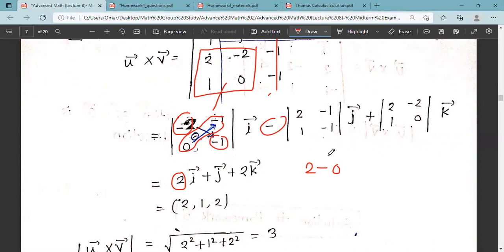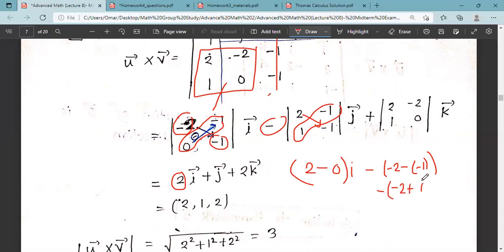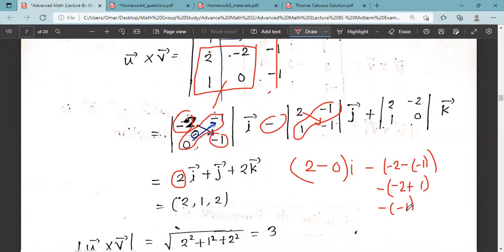Let me write down this i, and then this minus here. 2 multiply minus 1 is going to be minus 2, and then minus 1 multiply 1 is going to be minus 1. So ultimately, minus 2 plus 1, and here also minus, so it is minus into minus 1, so ultimately it is plus 1.